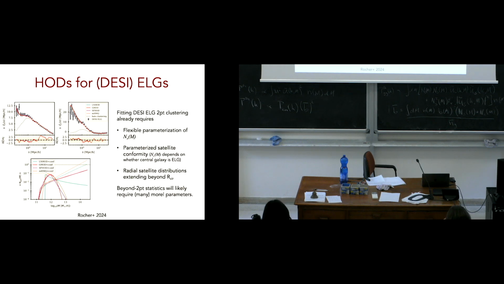Because ELGs are color and magnitude selected, they effectively form a luminosity bin sample.